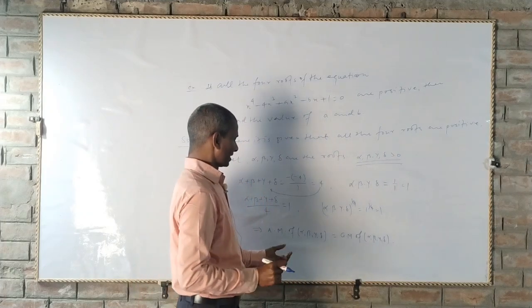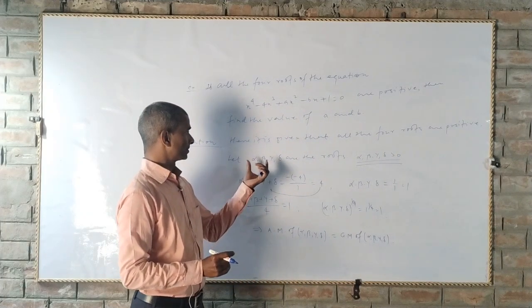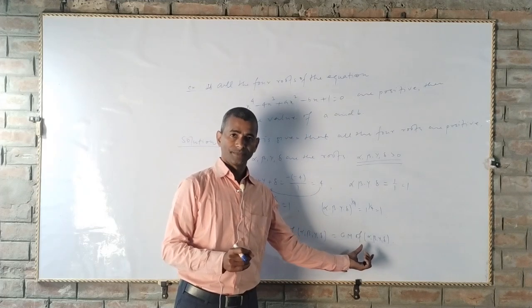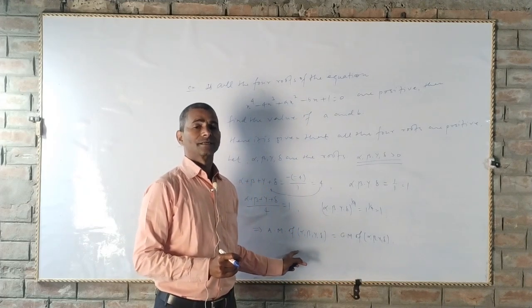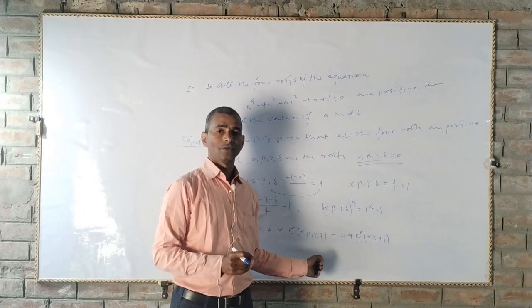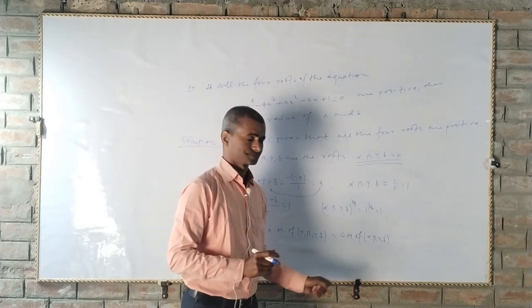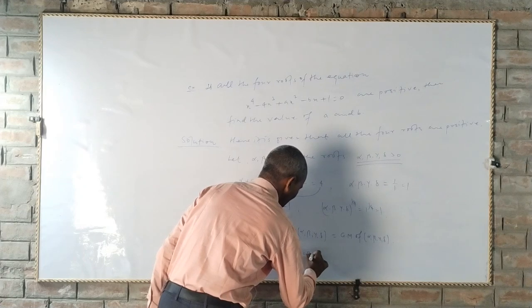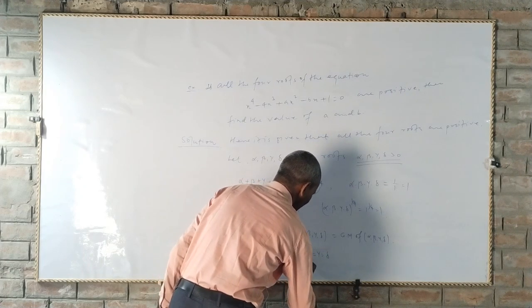It means कि AM of all these four numbers is equal to GM of all these four numbers. It means कि ये तभी संभव है जब all these numbers are equal, which implies alpha is equal to beta is equal to gamma is equal to delta.